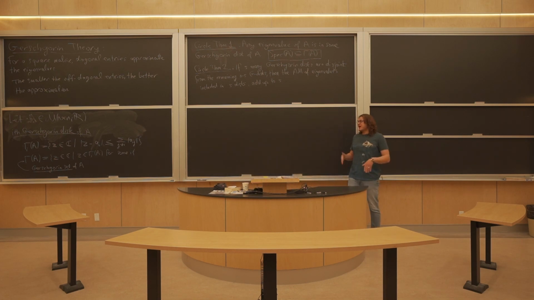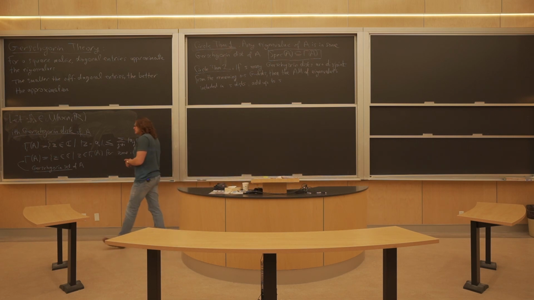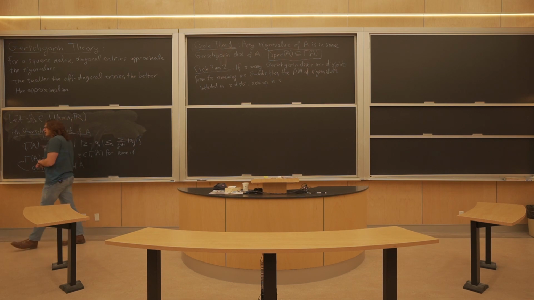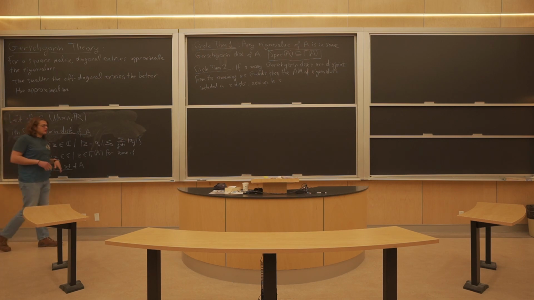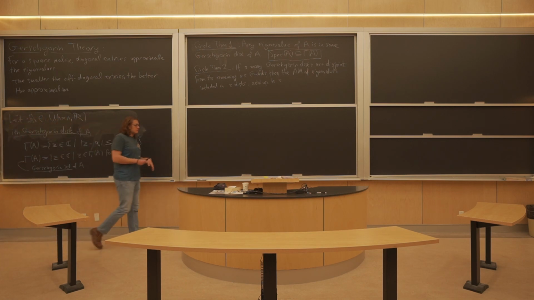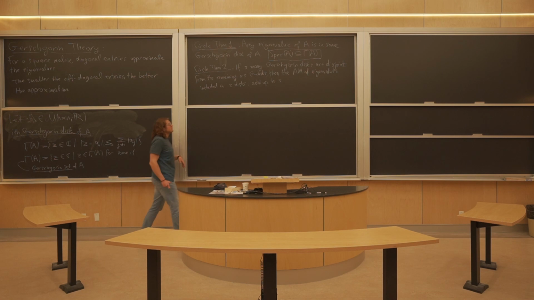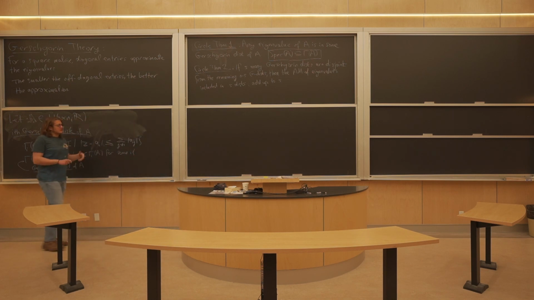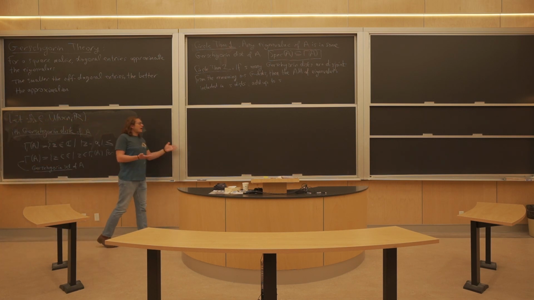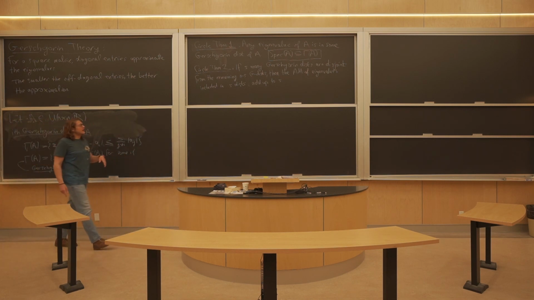In particular, if you have a diagonal matrix to begin with, we know now that the eigenvalues of a diagonal matrix are the entries in the diagonal. So for a diagonal matrix, Gerschgorin theorems just allow you to say, with 100% accuracy, the eigenvalues are the diagonal entries. If your matrix is not diagonal, it says, up to some error, your eigenvalues are the diagonals.